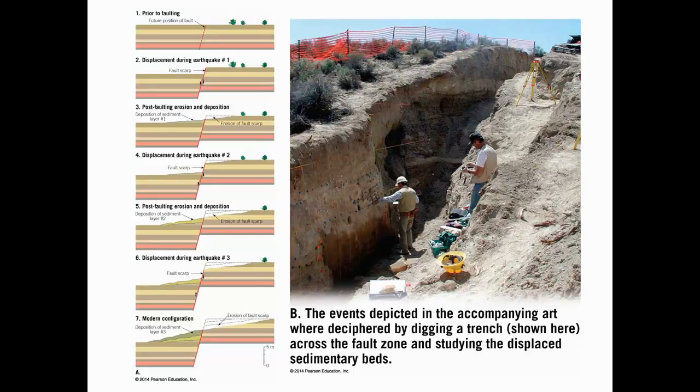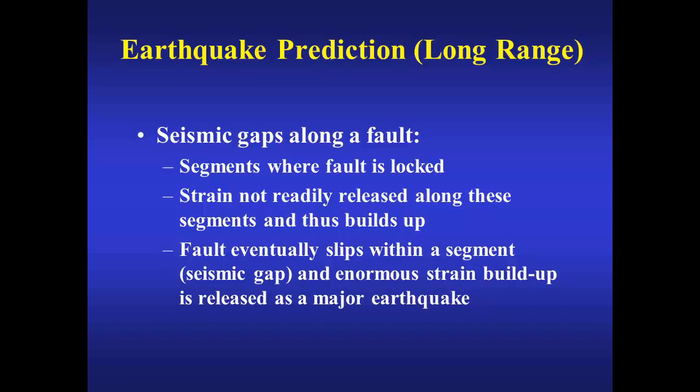For example, geologists and geophysicists can dig these trenches right along a fault zone, and by doing so they can decipher events and past earthquake activity by studying the displacement of sedimentary beds dating back many, many centuries and even thousands of years to get an overall record of earthquake activity along that particular segment.